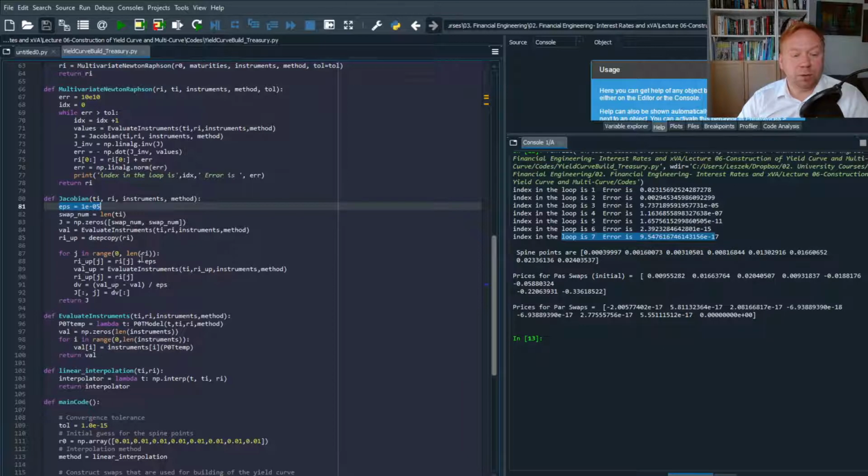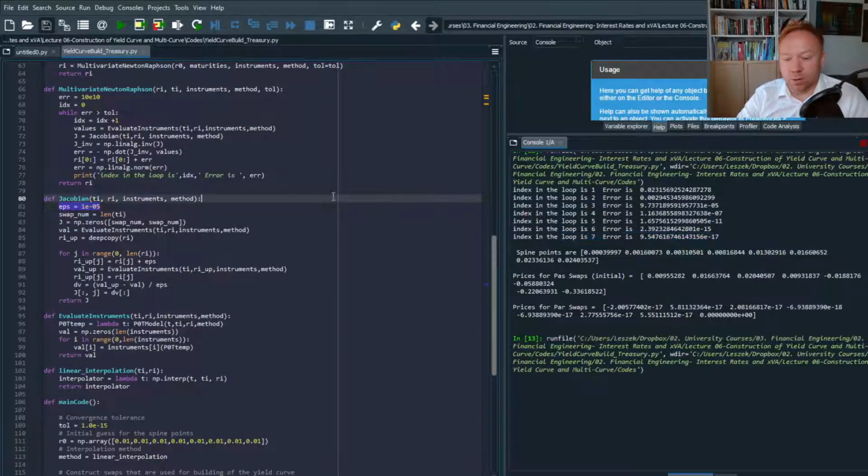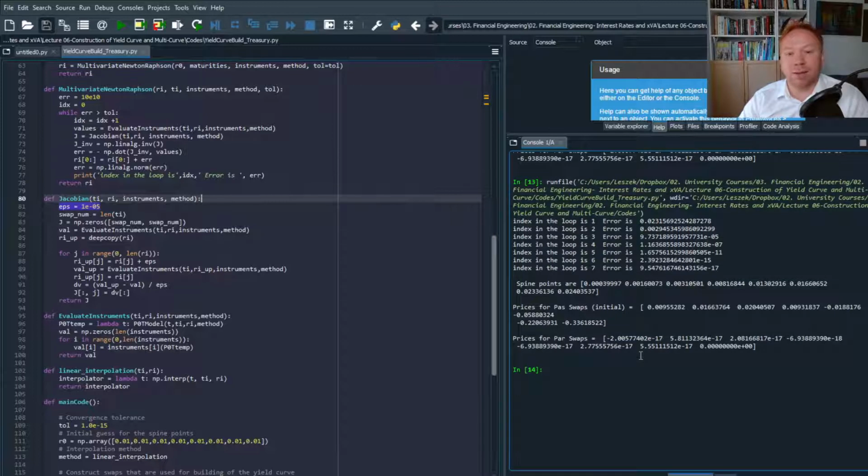Those are the things you could think of when you're working in a production environment where you really want it to be as fast as possible. Here you could see that this is sufficiently fast for academic purposes. In the next part, we'll be talking about hedging and the delta sensitivity of your swaps to market instruments. You will see that changing the interpolation has a significant impact on timing.